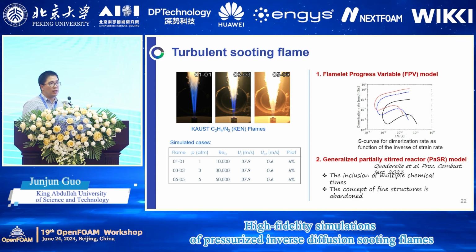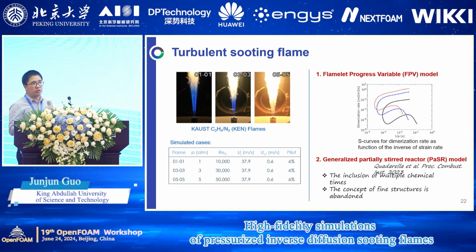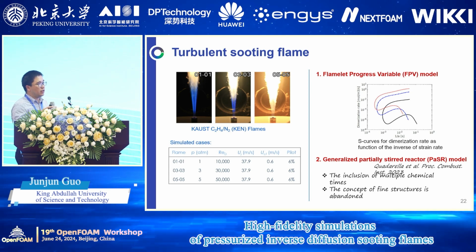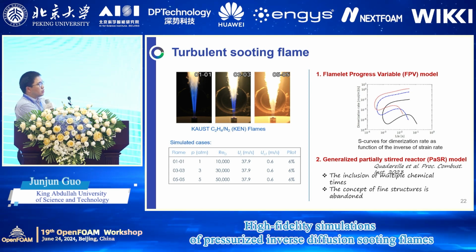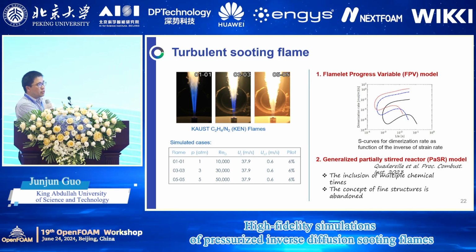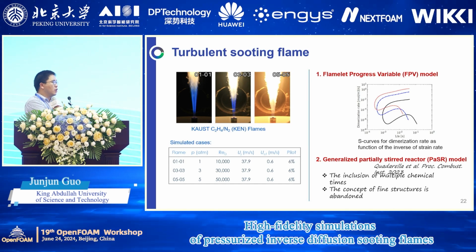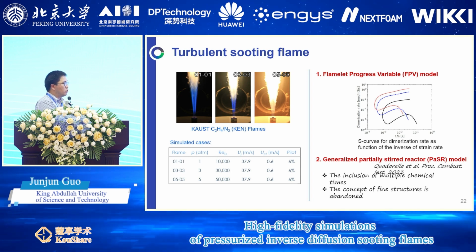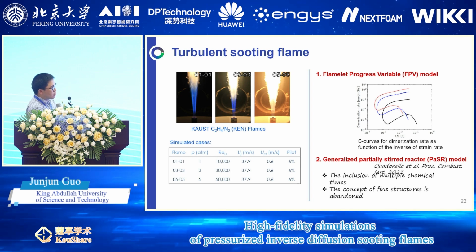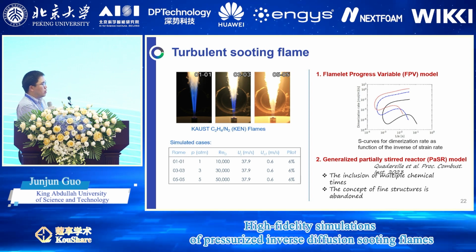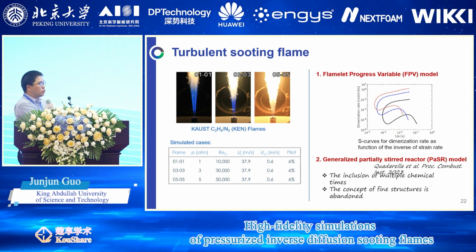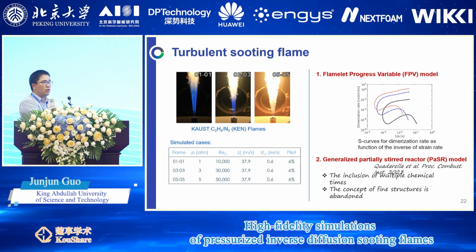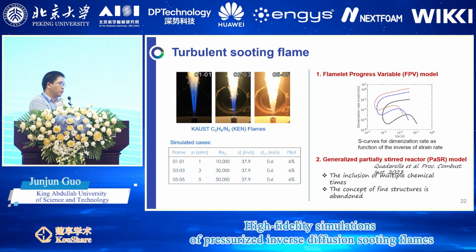But we also realized that the PAH chemistry is very slow, so the classical flamelet model is not working so well. So we also have this new model to better consider the different multi-scale time scales.